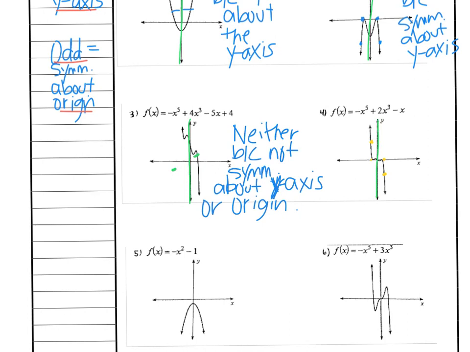The answer is yes. So these points are actually being rotated 180 degrees, either left or right, depending on which way you look at it, counterclockwise or clockwise, about the origin. So this is an odd function because it is symmetrical about the origin. Okay, so all those points are being rotated about the origin. They're the same distance away from that origin.